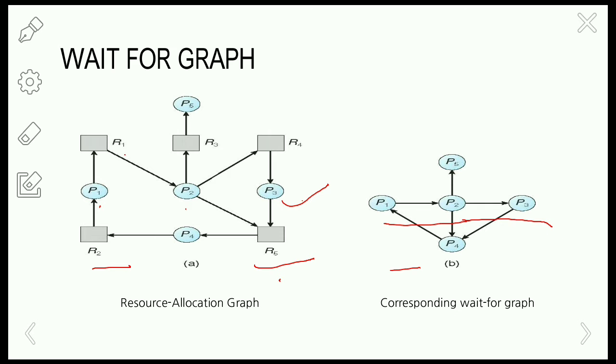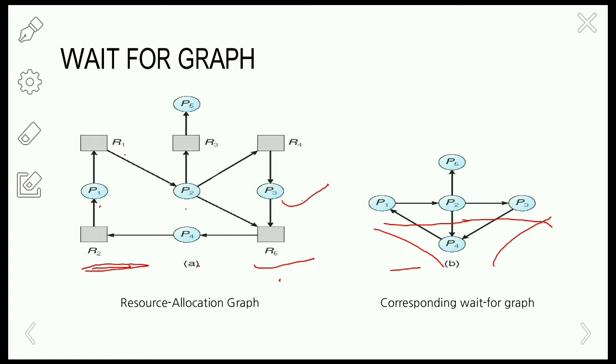Next, P4 is requesting the resource held by P1, so there is an edge from P4 to P1. Similarly, P3 is requesting R5, which is held by P4, so an edge from P3 to P4.